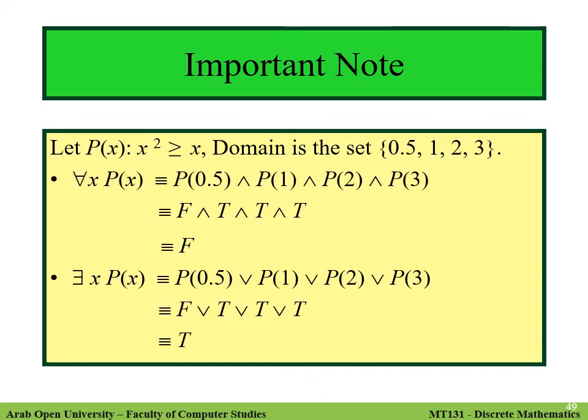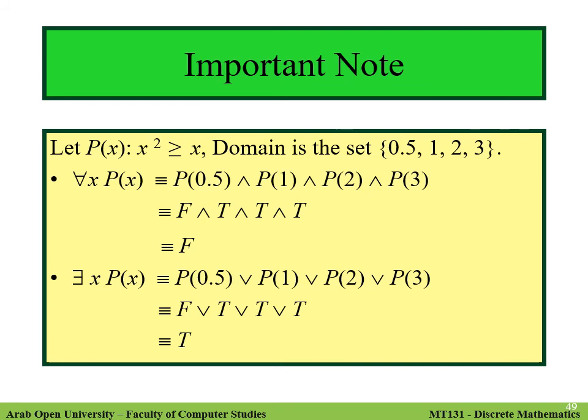Of course, the same predicate can be used over a limited domain. For example, the same predicate we looked at in the previous slide: P of x is the statement x squared is greater than or equal to x. The domain here is a limited set, with the numbers 0.5, 1, 2, 3.